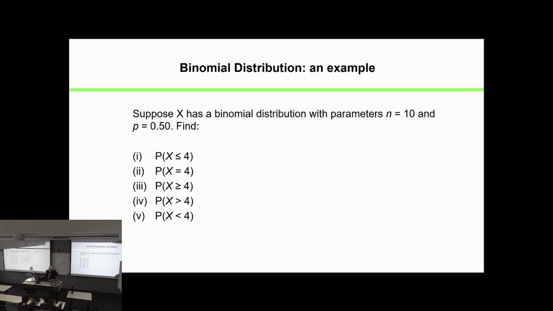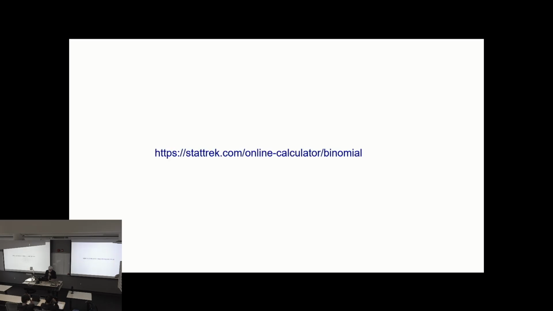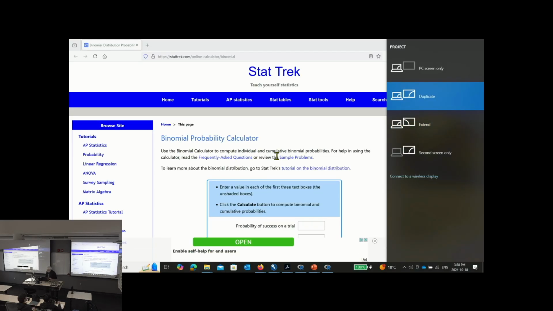So there's a bunch of things we want to get. We're going to do this with R in a little bit, but here's another way online. There's all kinds of online calculators, and one of the cool ones for tables is called StatTrek.